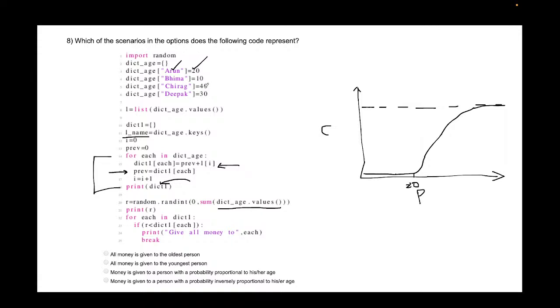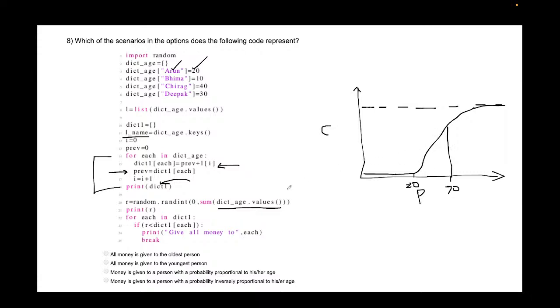The cumulative age of Chirag will be how much? That will be 20 plus 10 plus 40, that will be 70. So that will lie somewhere here. Based on that, we can see that the older this person is, the greater the area under this curve.